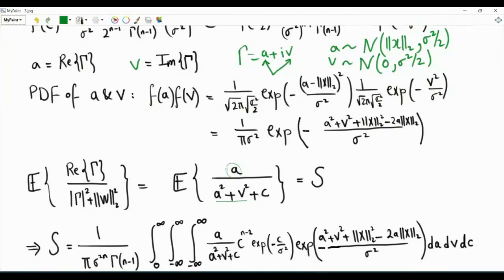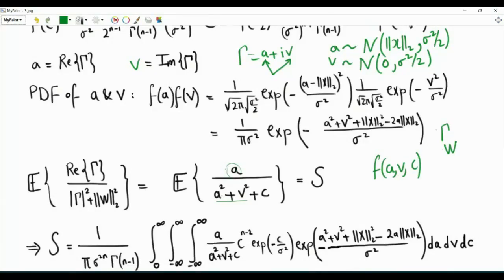And so we will do it from the expression. We will have a triple integral in which we take this quantity here, which is A divided by A squared plus V squared plus C, and we multiply by the PDF. So it should be the joint PDF of A and V and C. But remember that gamma and W are independent. We proved this by showing that they are uncorrelated, and hence they are independent because they are jointly Gaussian.